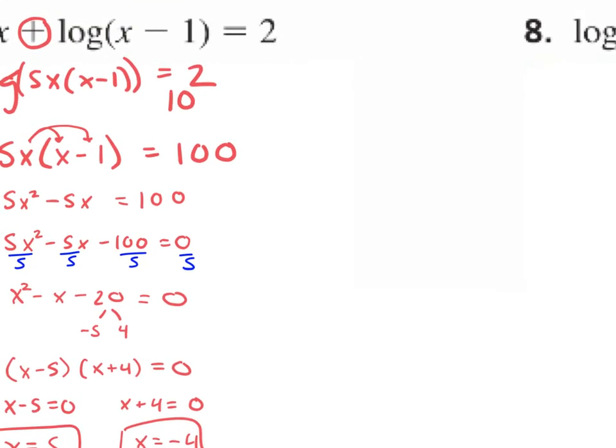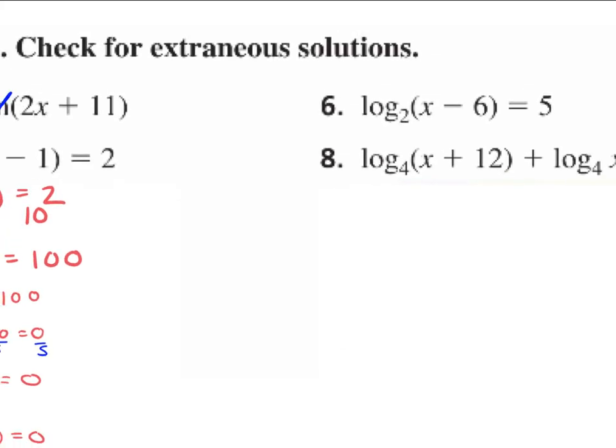All right, let's go back to number 6. So how can we get that log base 2 to cancel out? What can we do for number 6? Make the big base 2. So 2 to the power of log base 2 cancels.